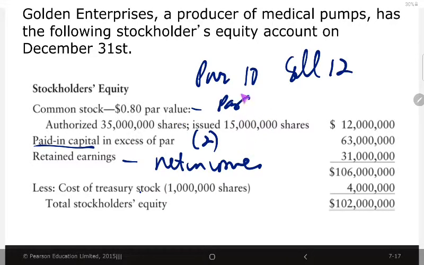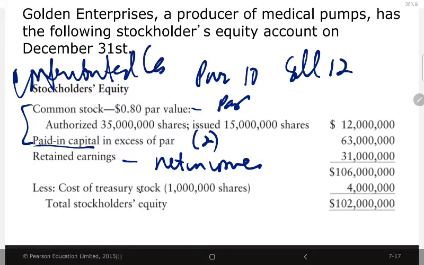And any excess in par, this will be the paid-in capital. Okay? These two line items will form part of your contributed capital. Your common stock only will be equal to your legal capital. Okay?